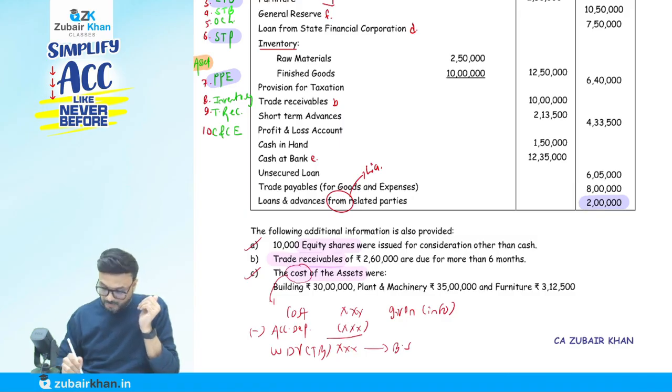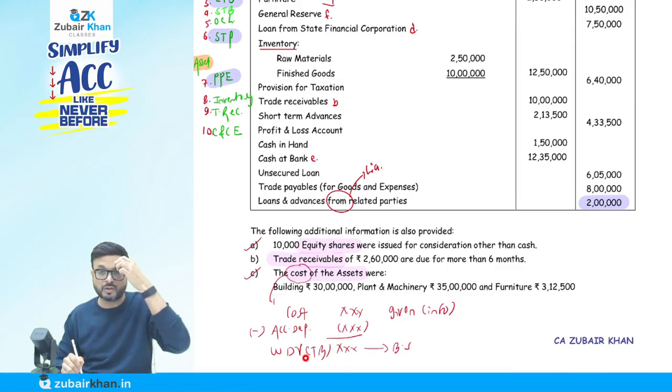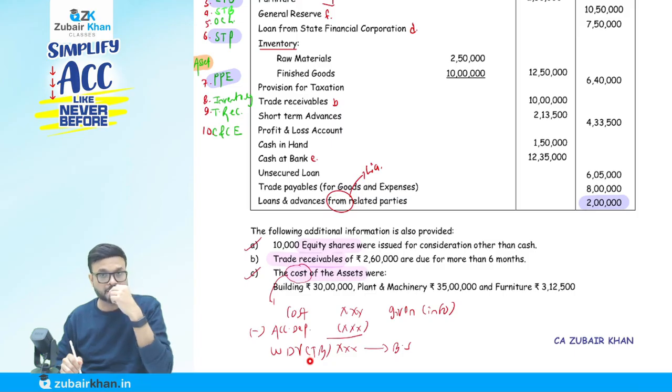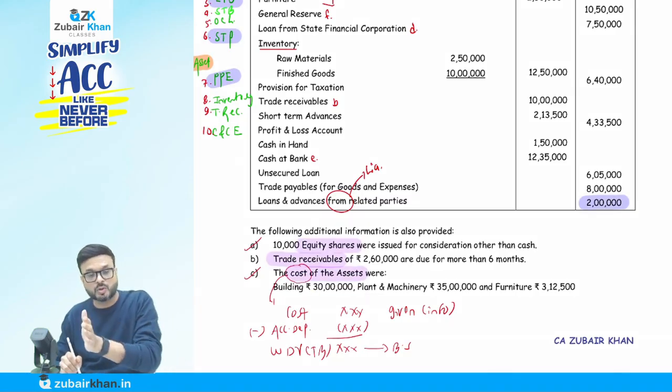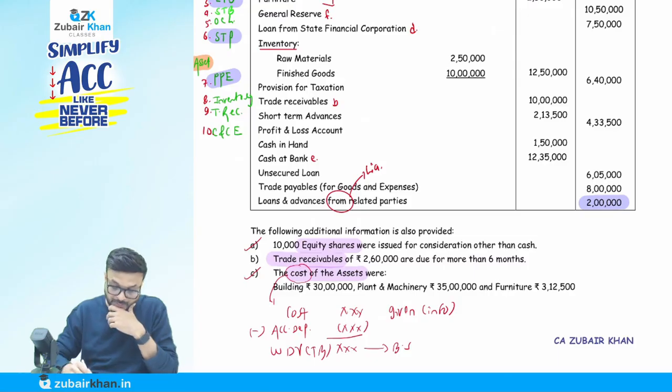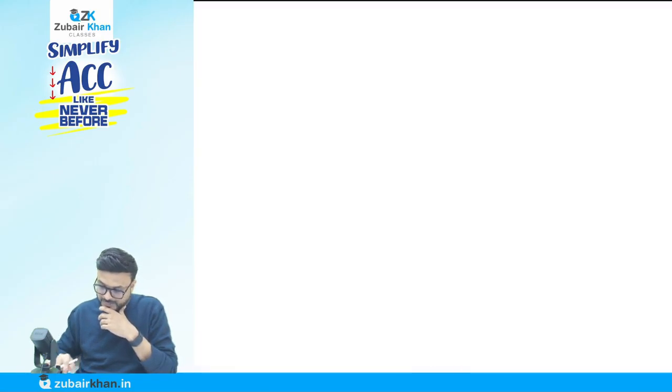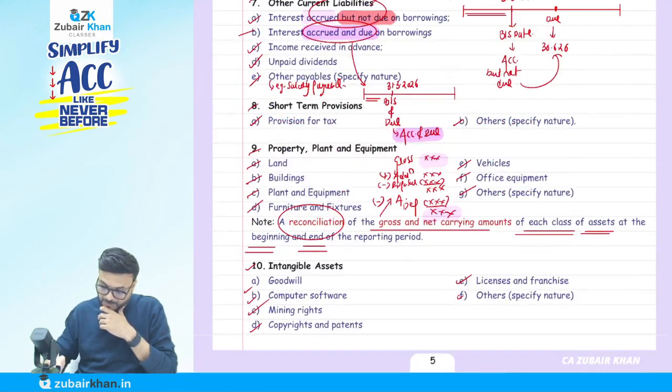They have given me the cost in additional information, and they have given me the WDV. WDV is the book value, the written down value, the book value in trial balance. So this value is going to appear in the balance sheet, no doubt about it. But why have they given me the original cost? Because when I prepare the notes to account, we will make it in detail. If you remember, we discussed that in PP they say that they will reconcile the gross and the net.